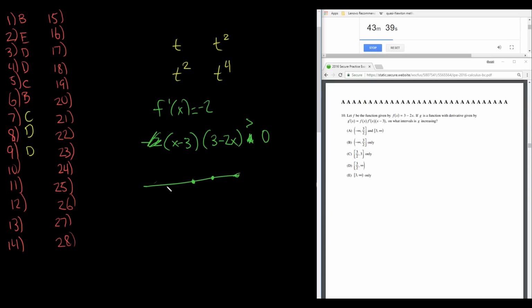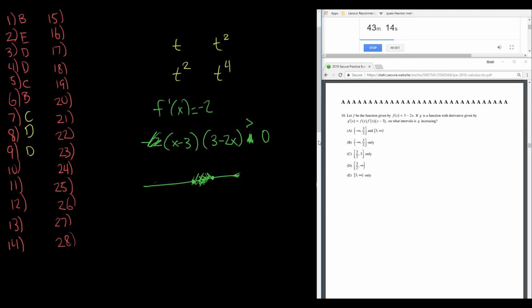So basically, it's not true here, which means it is true here, which means it's not true here, because, again, at positive infinity this guy's going to go positive. But if x is positive infinity here, you're going to have 3 minus a negative times a positive infinity, so it's going to be a huge negative. Anyway, it's only valid from 3 halves to 3.